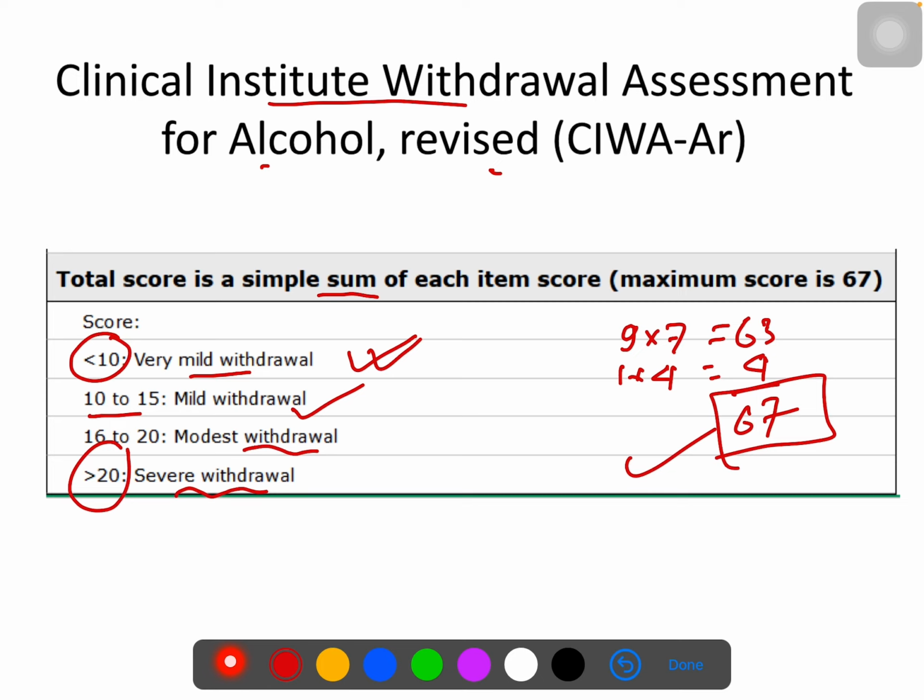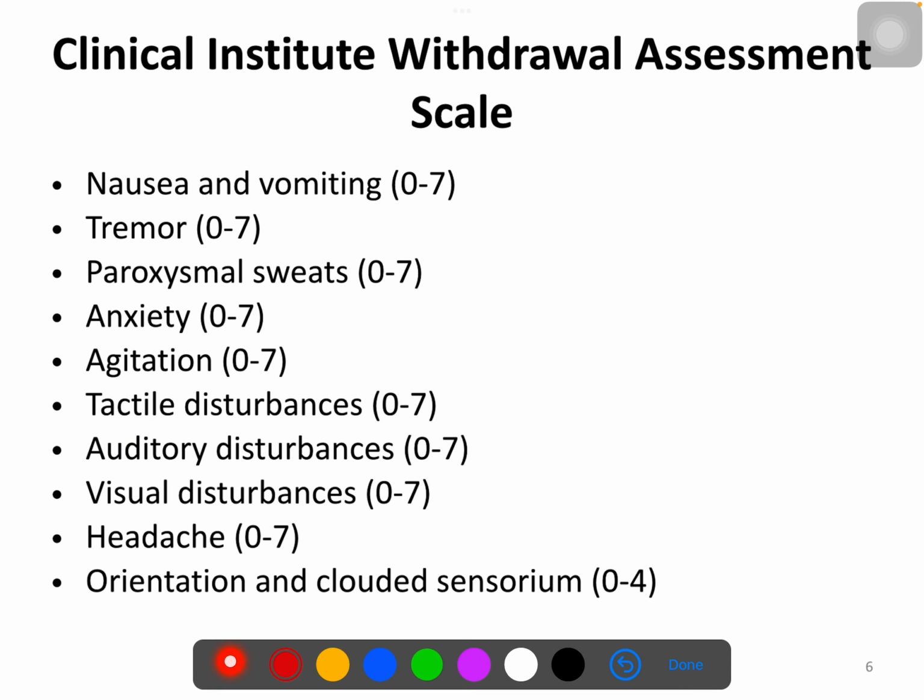So what are the 9 parameters which we must know? Nausea and vomiting, tremor, paroxysmal sweats, anxiety, agitation, tactile disturbances, auditory disturbances, visual disturbances, headache, and orientation and clouding of sensorium.